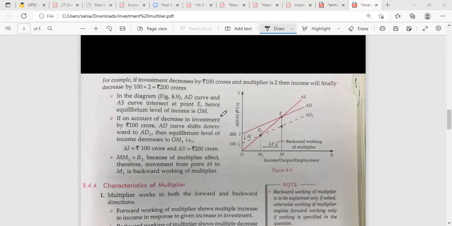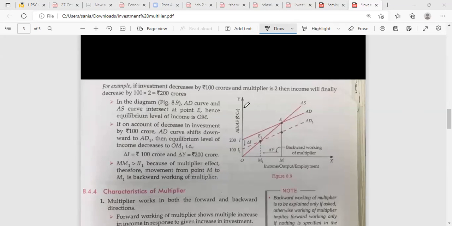Okay. Now, this is basically the backward working. So in backward working, what is happening? Earlier, you were achieving your equilibrium over here, but now you will achieve your equilibrium downward. For example, investment decreased by 100 crore and the multiplier is 2.